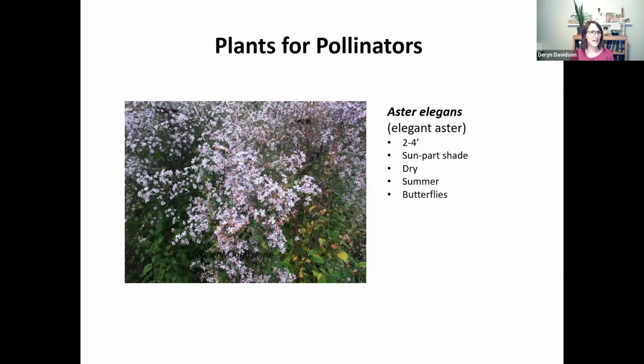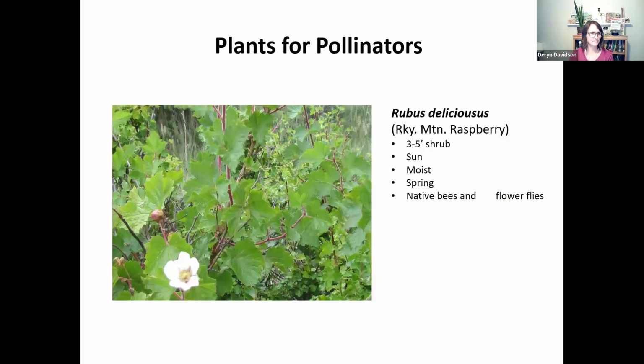There are lots and lots of asters, and this is Aster elegans. This is a native aster. It's a perennial, but it acts a little bit shrubby. So it can get pretty big, 2 to 4 feet, and it'll be covered in these tiny little aster flowers. Butterflies love this plant.